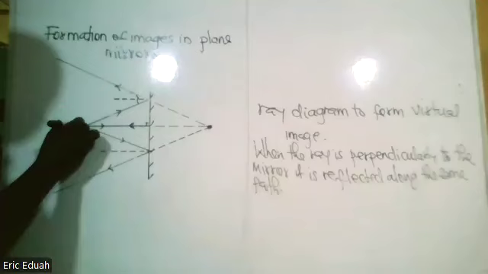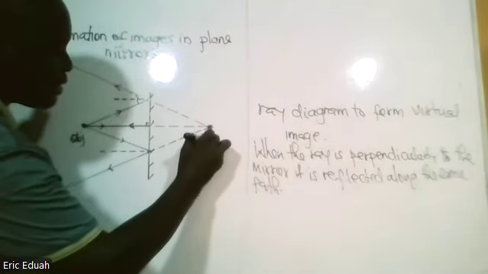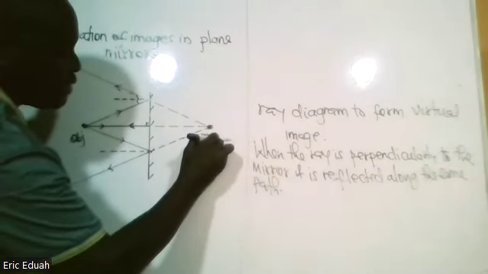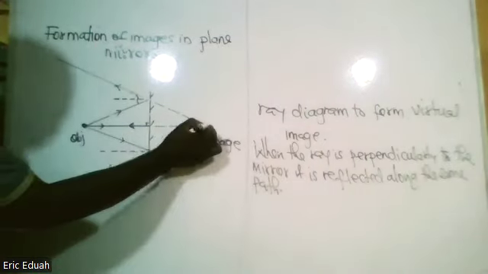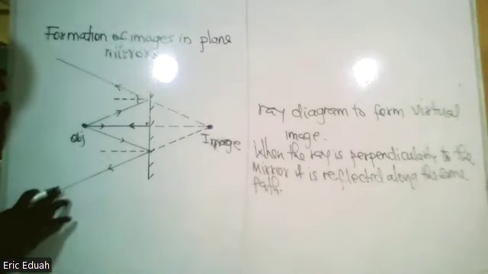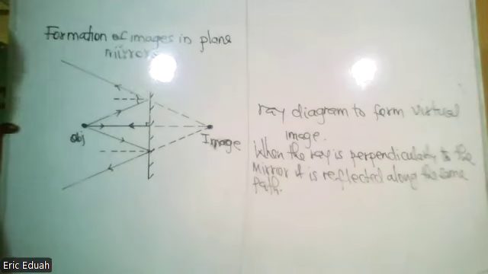So this is the object, this is the image. I'm using broken lines because the image formed is behind the mirror. Once it's behind the mirror, it means that a virtual image will be formed.